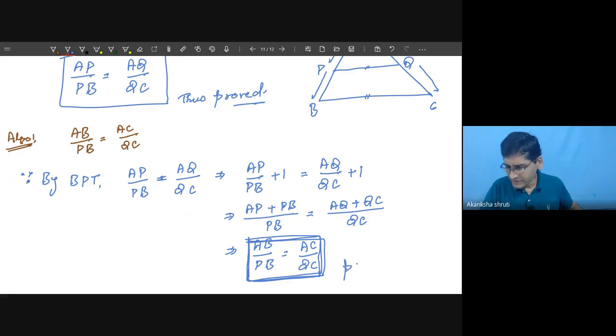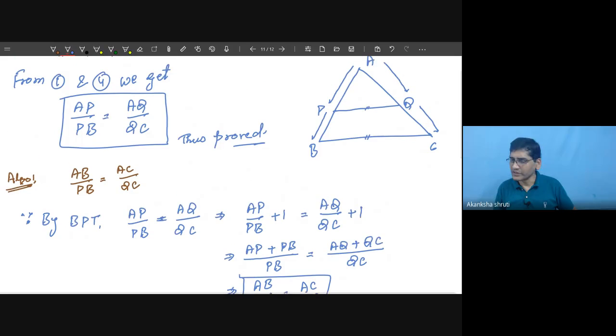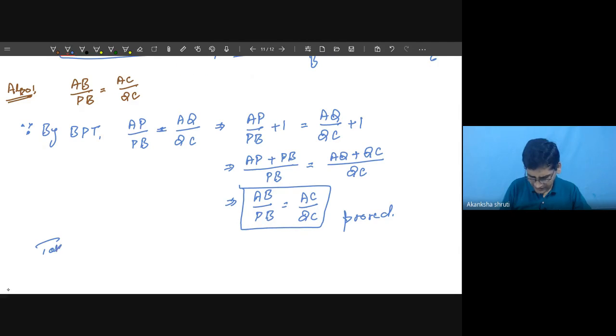So this way it is proved. Students, similarly we can prove the other conditions also. So that's why any of these ratios can be used directly. So the skill is just to write the two ratios, all the possible ratios. Now taking the inverse of this, whatever we have proved, take inverse or reciprocal.